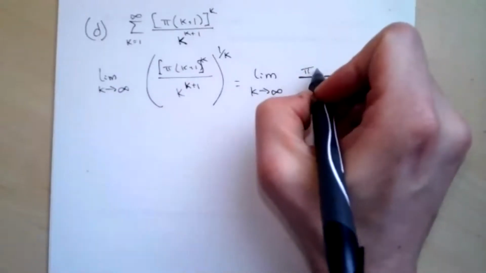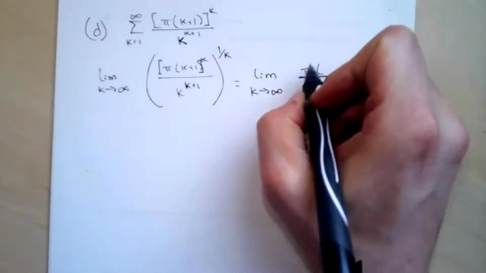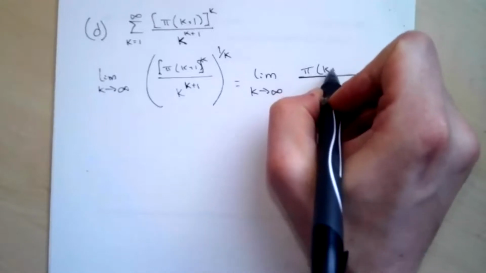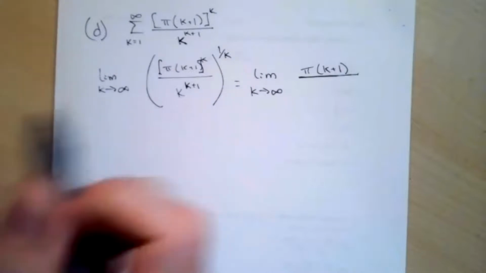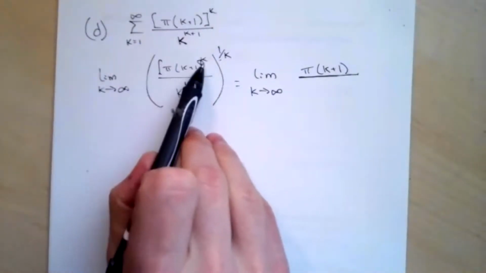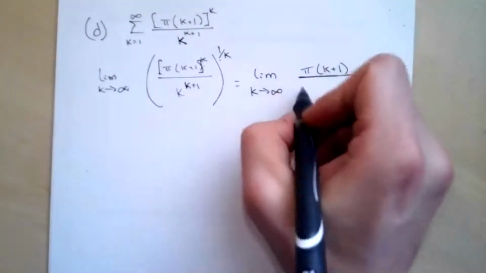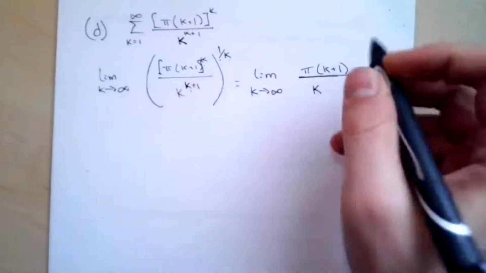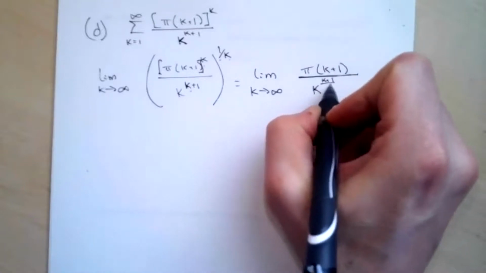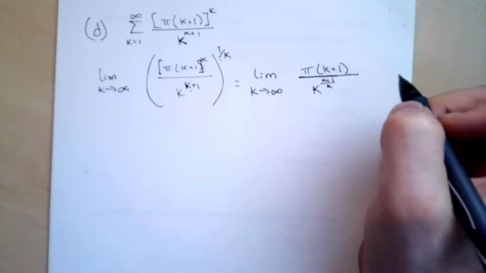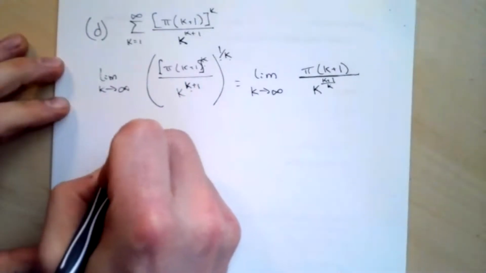When I take the numerator, let's work at this kth root first. So let's do the root test and see why it's maybe a little easier. Numerator is easy since we have this whole quantity raised to the k. That simplifies. Now this guy, remember we have exponent raised to an exponent, so you multiply. So it's k plus 1 all over k in that exponent, which you can simplify.